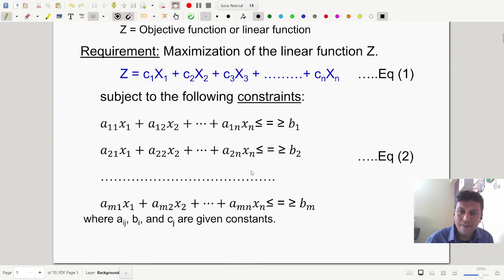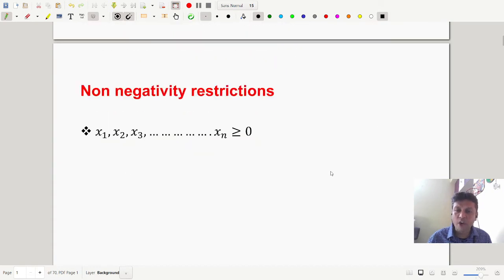So you have n variables and m constraints. The number of decision variables is n. And also you have non-negativity restrictions, because in real life situations we will talk about positive values. x1, x2, xn are non-negative.